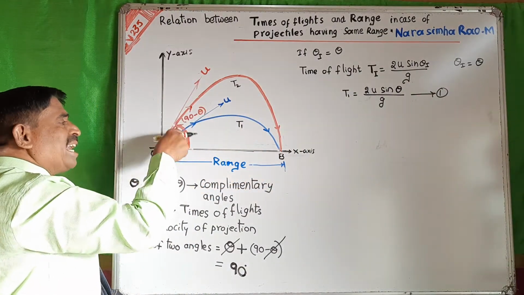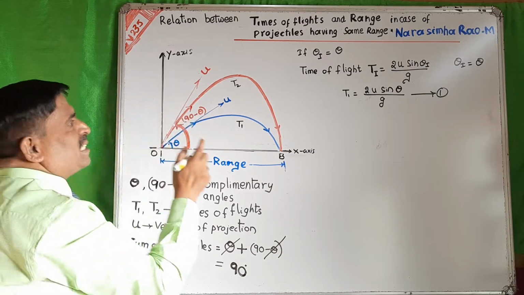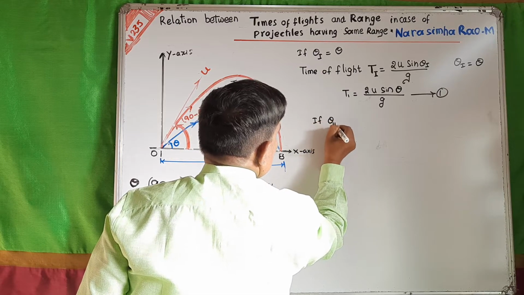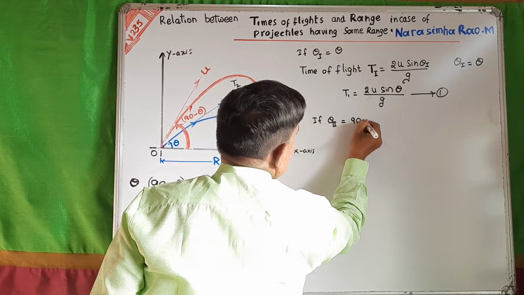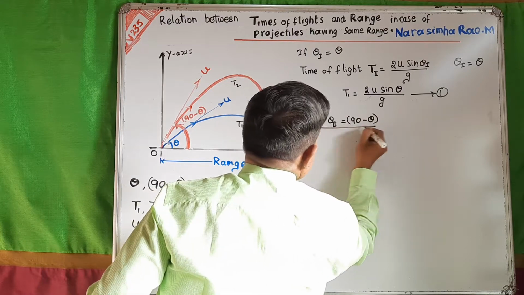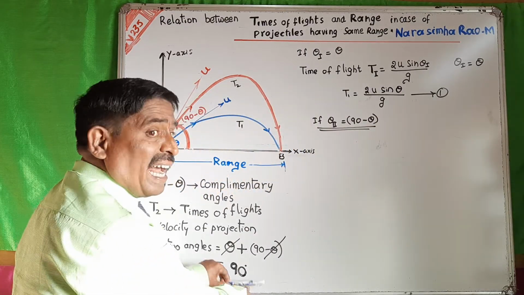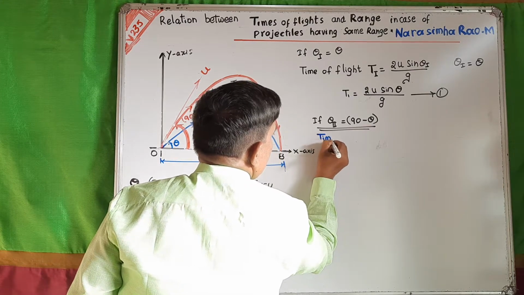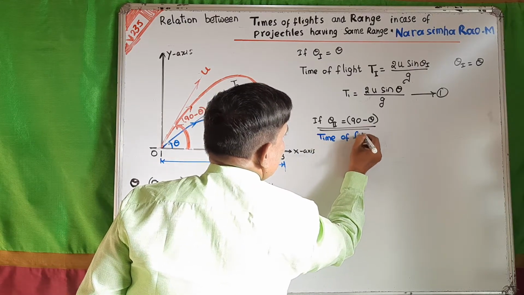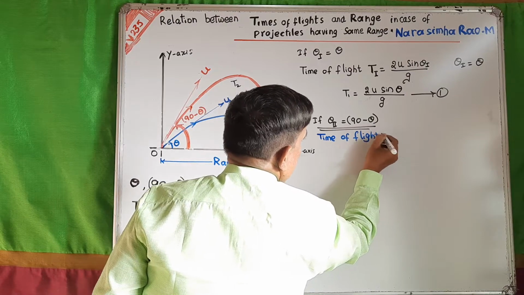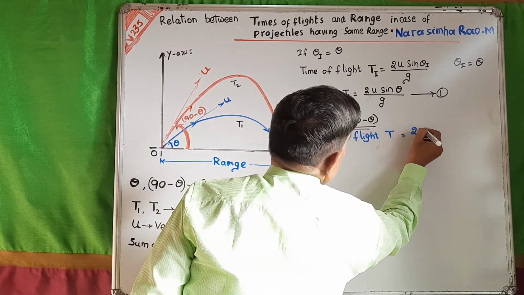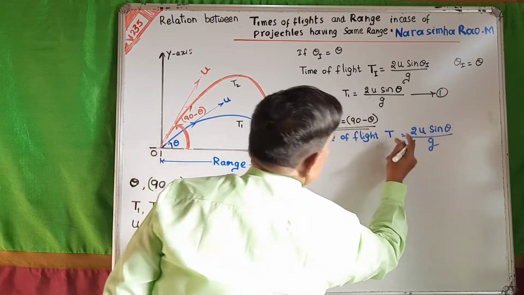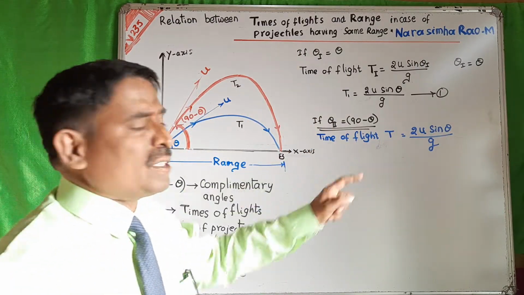Second time, angle of projection 90 minus theta. If theta 2 is equal to 90 minus theta, then time of flight is equal to 2u sin theta by g. It is the formula for time of flight of the projectile.